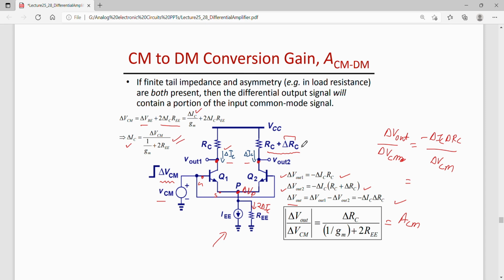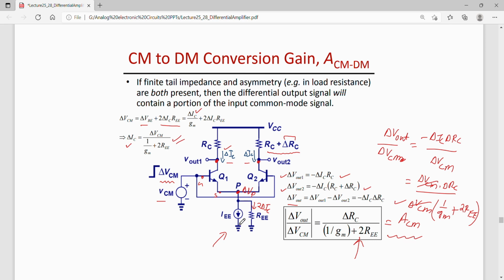So delta IC from here is delta VCM times delta RC divided by delta VCM multiplied by 1 by gm plus 2 REE. Okay. So this delta VCM is common, goes off, so we are left with delta RC by 1 by gm plus 2 REE. Okay. So the common mode gain that we have achieved is finite, it is not 0. Okay.